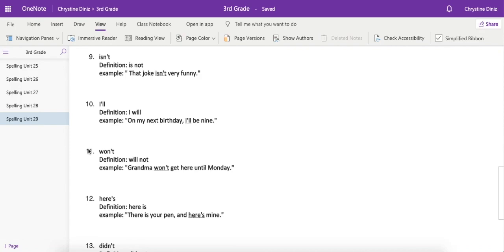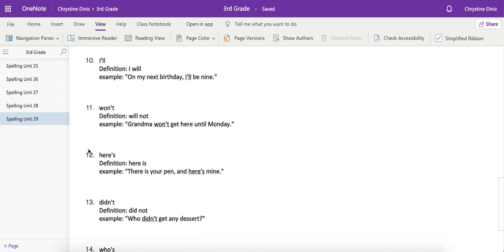The definition is is not. The example sentence says, that joke isn't very funny. Number 10, I'll. I apostrophe L-L. The definition is I will. The example sentence says, on my next birthday, I'll be 9.